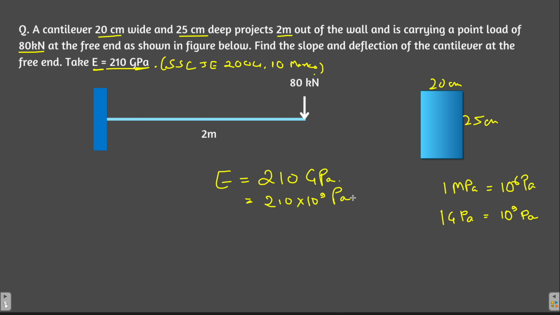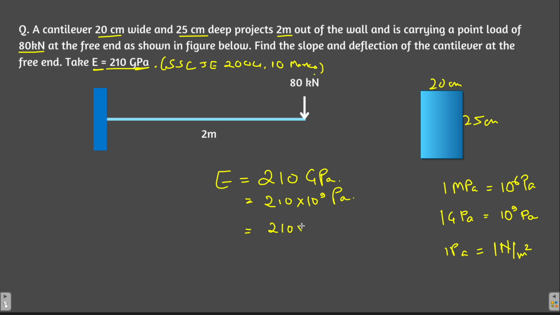Now what is Pascal? 1 Pascal means 1 Newton per meter square. So now we got the units as Pascal. That means we have got Newton and meter square. So we will try to convert each of the units in Newton and meter square. Then only we are going to solve.